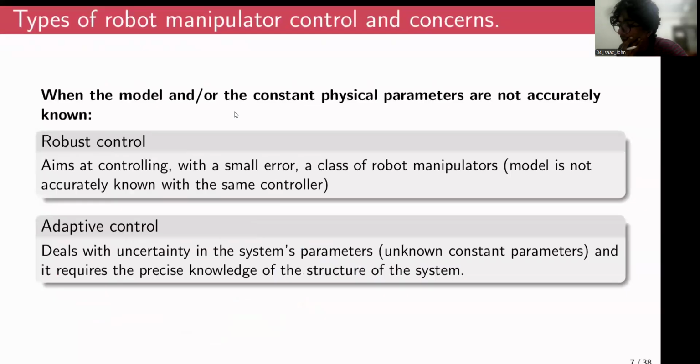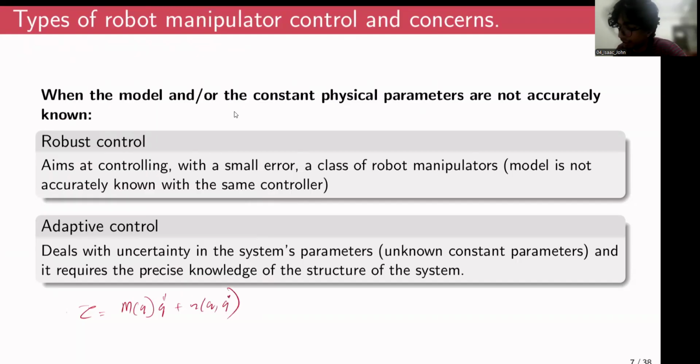Another classification regarding motion control is when the model or the constant parameters are not accurately known. As I was saying earlier, we try to derive the governing equations of motion using this formula, M(q)q double dot plus n(q, q dot).